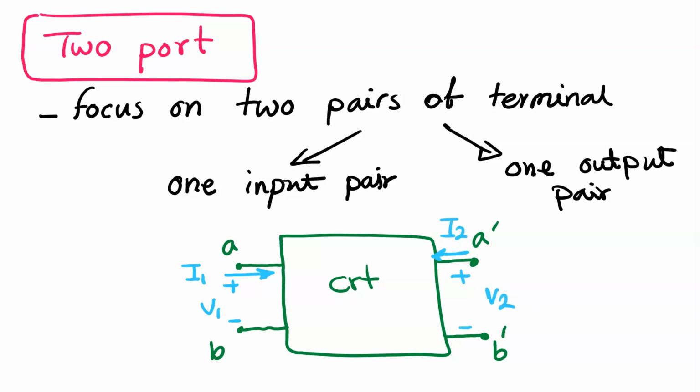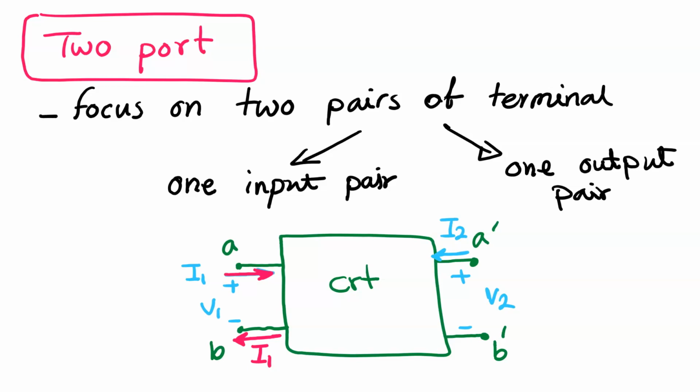The third feature that you have to be careful about is that the two-port circuit has exactly the same current into the port and out of the port. So if I'm assuming that here I have I1, then the same current comes out of the port here. So I1 enters the port and I1 comes out of the second terminal of this pair.